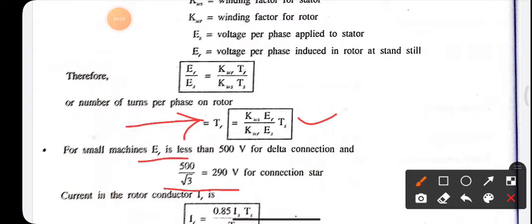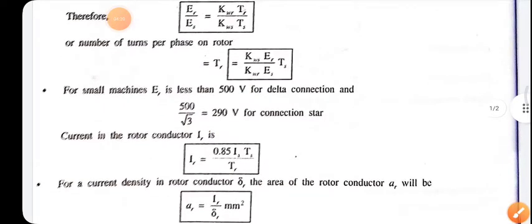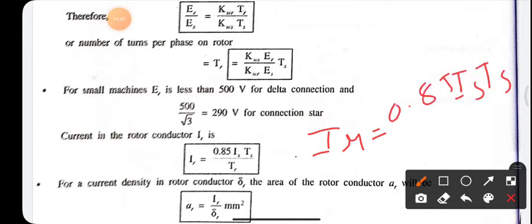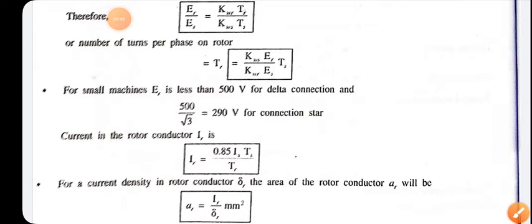Now moving further, current in the rotor conductor. This equation we have already seen for the stator also. It is the same. IR is equal to 0.85 IS into TS upon TR. So this is the equation for the current in the rotor conductor, which we have already derived.